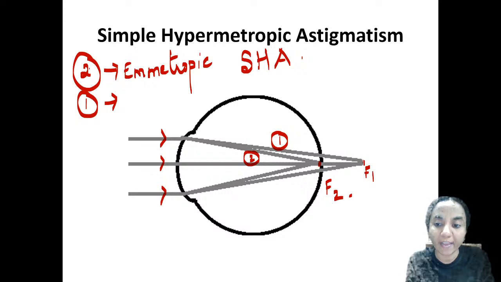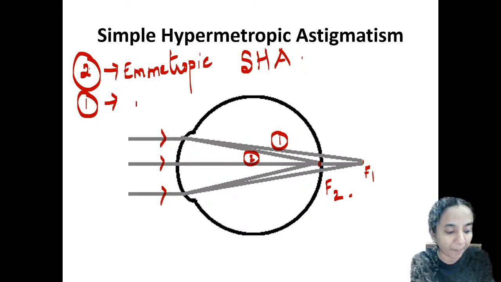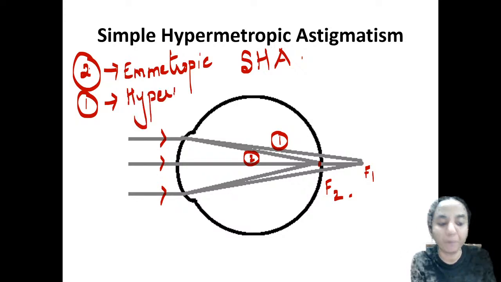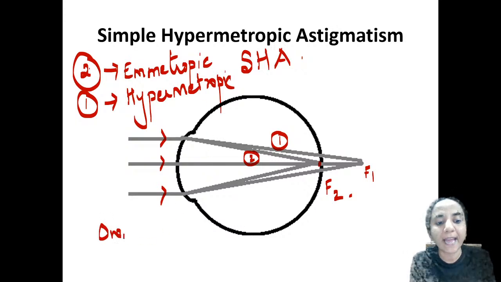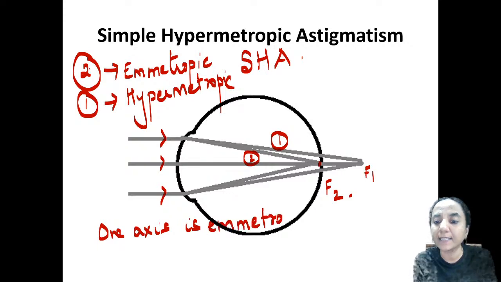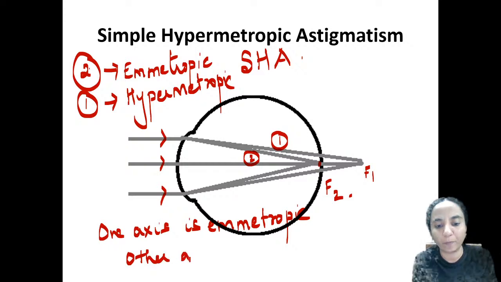It is hypermetropic. So simple hypermetropic astigmatism means that one axis is emmetropic and the other axis is hypermetropic.